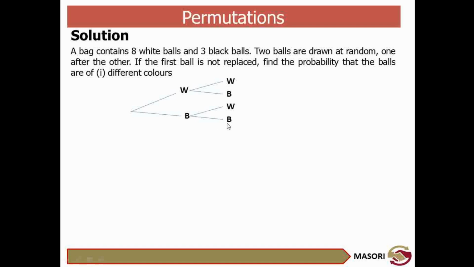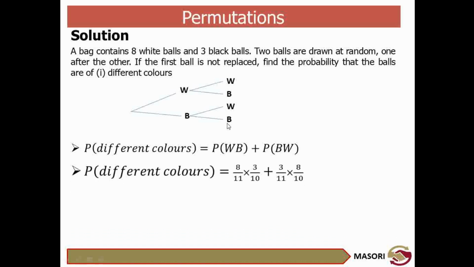Let's put this information in the equations and then we solve so that we get the probability. So the probability of different colors is the probability that you picked white and then black plus the probability that you picked black and then white.